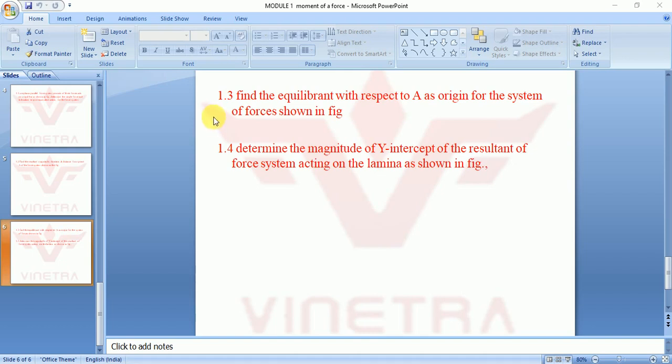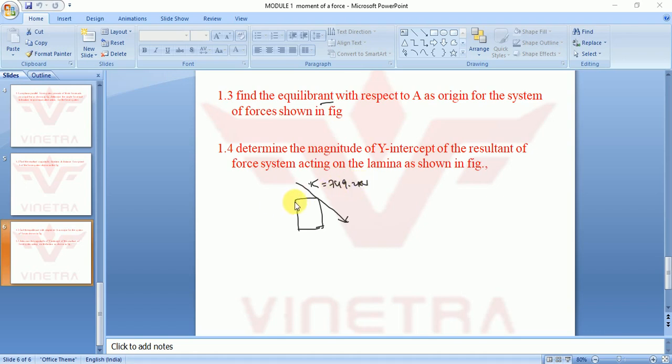So how to calculate this y-intercept? In the previous problem, we had drawn a square box about which a few forces were acting, and we had a resultant acting something like this. The value of the resultant was around 749.2 Newton.